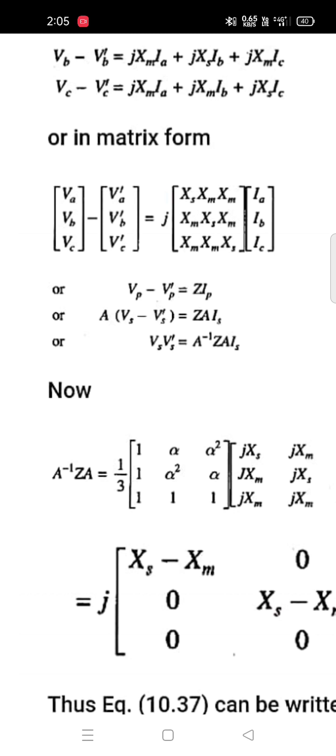We can also write this equation as Vp minus Vp dash equals Z into Ip. Now we are multiplying by A on both sides.